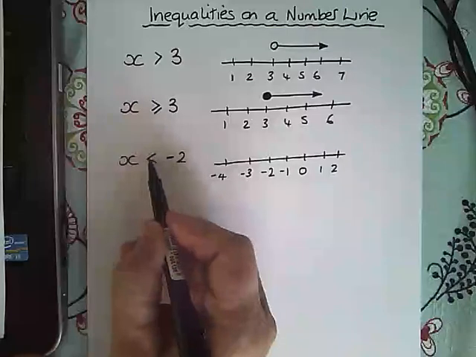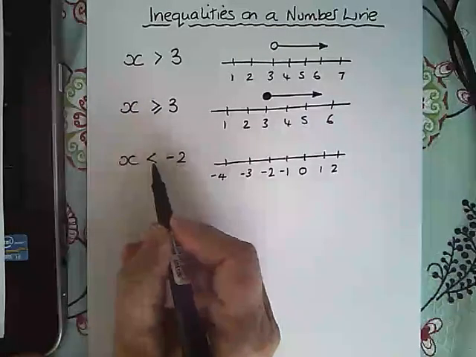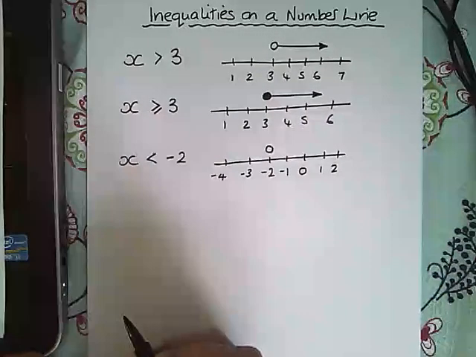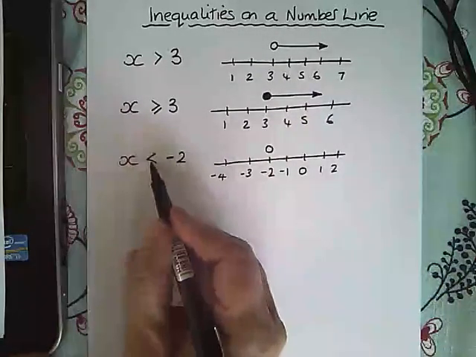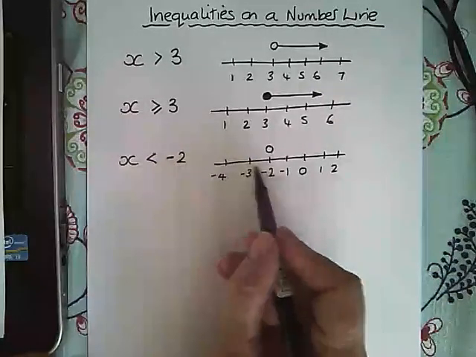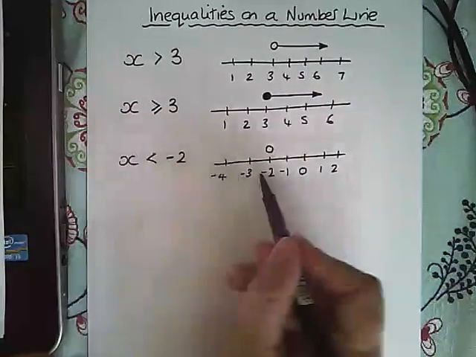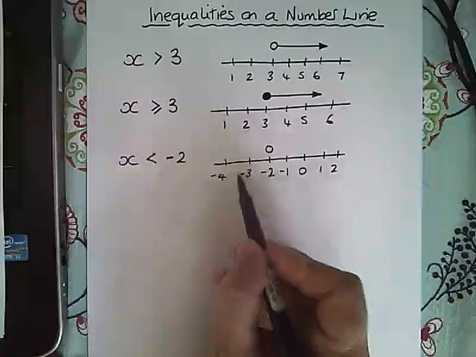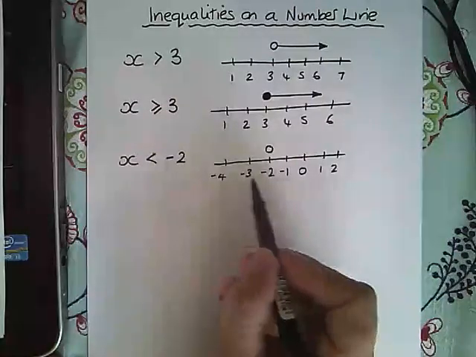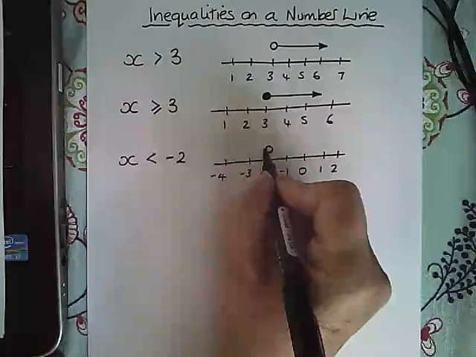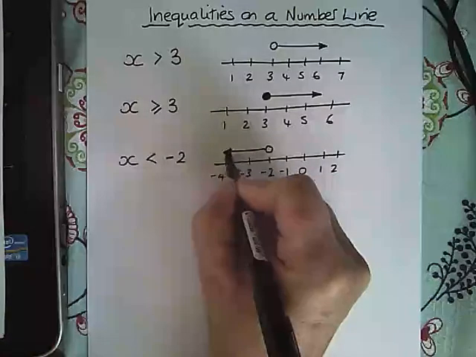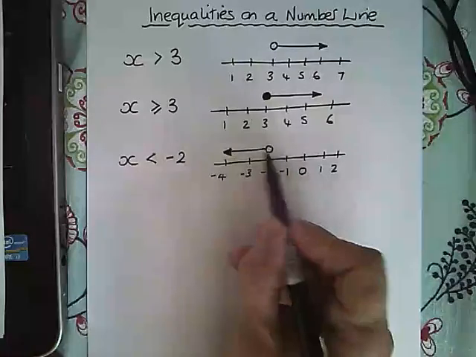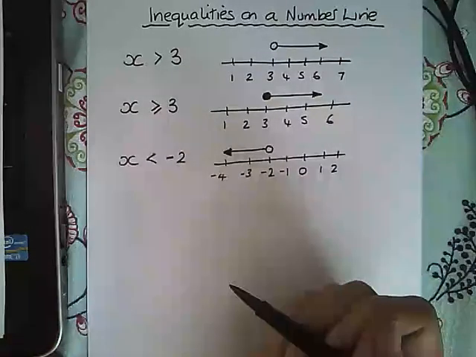Remember, we haven't got any sort of equal sign with this inequality sign, so we're going to draw an open circle above the minus 2. And then x is less than minus 2. All of these numbers here on this side are less than minus 2. If you think about it in terms of temperature, minus 3 is colder than minus 2. It's less than minus 2. So we go this way with our arrow to indicate that it can't take the value minus 2 because it's an open circle, but it is any of these values which are less than minus 2.